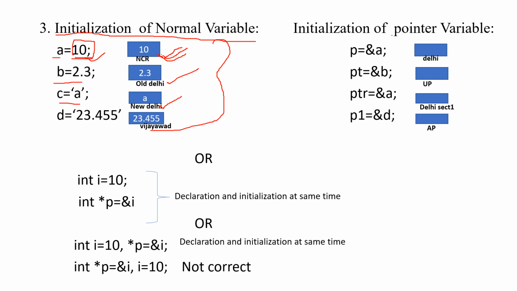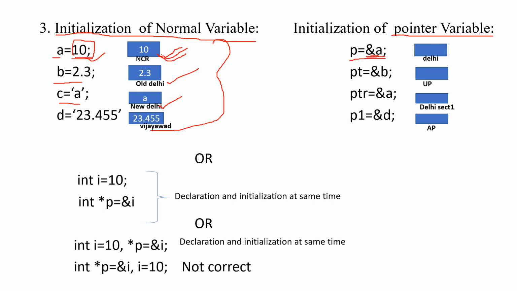Now coming to the pointer, let's see what the pointer is doing here. What I have written is p equal to address of a. This ampersand is nothing but the address-of operator. If you add an ampersand before a variable, it means the address of a.